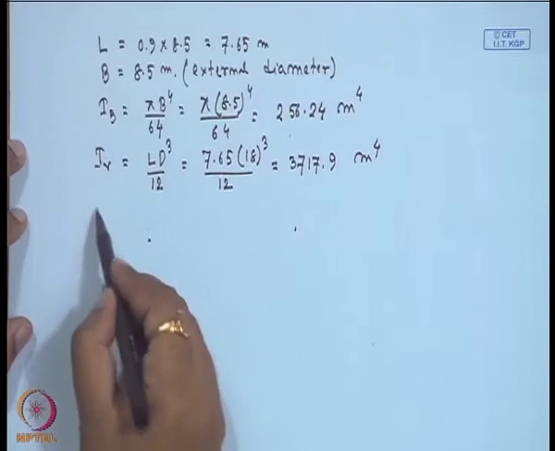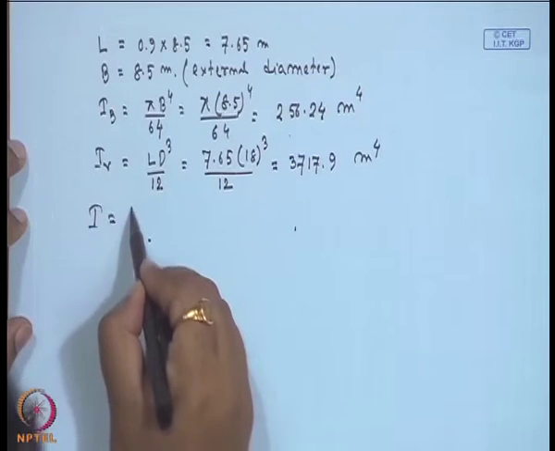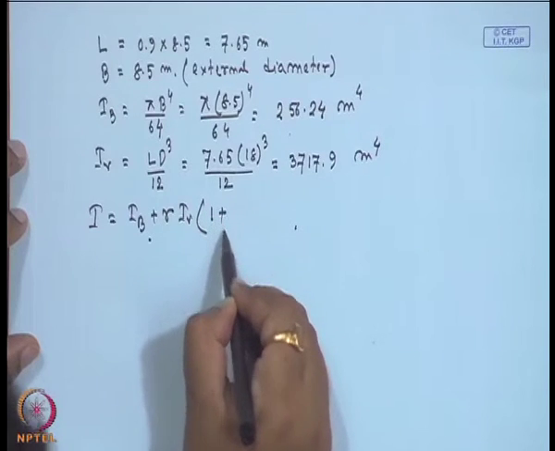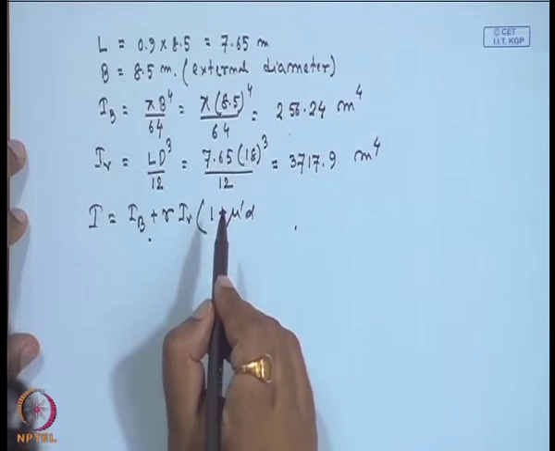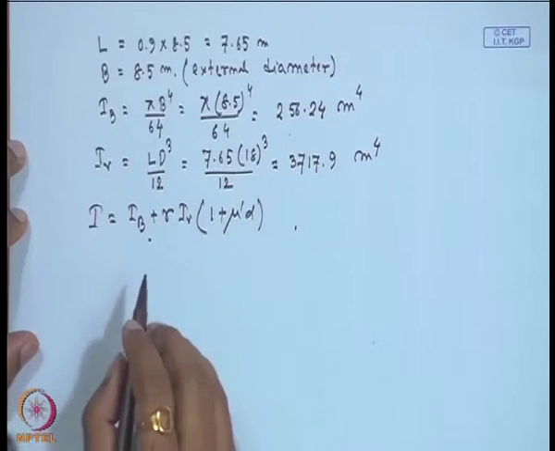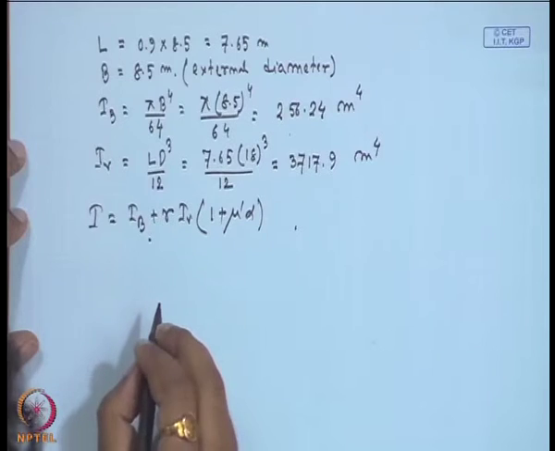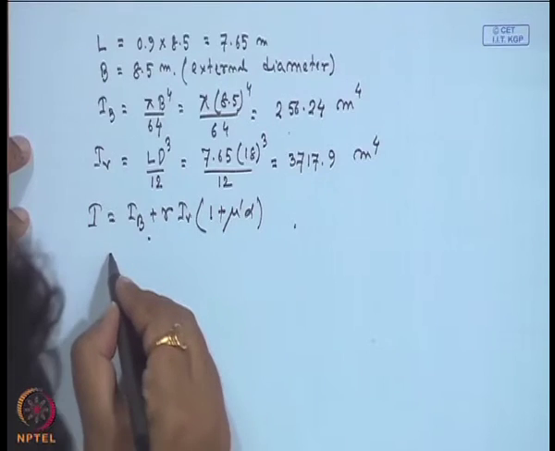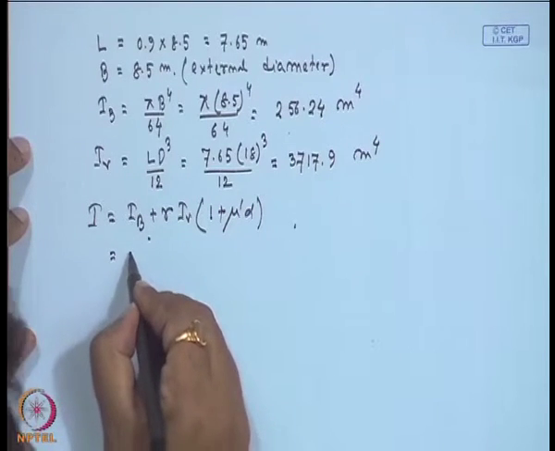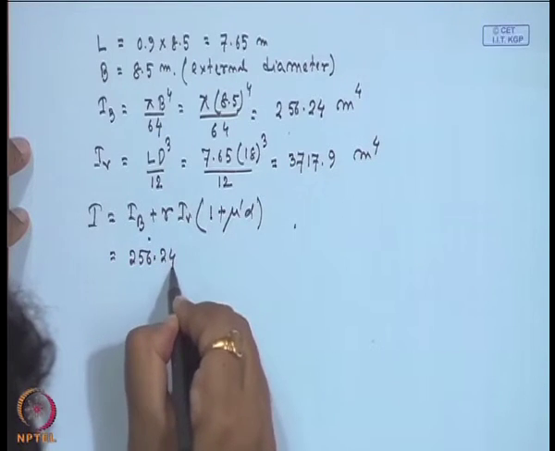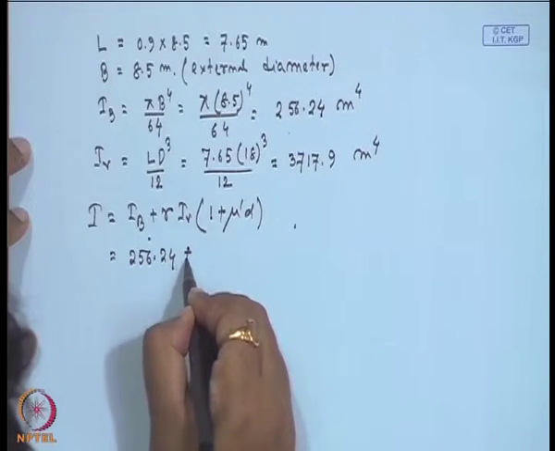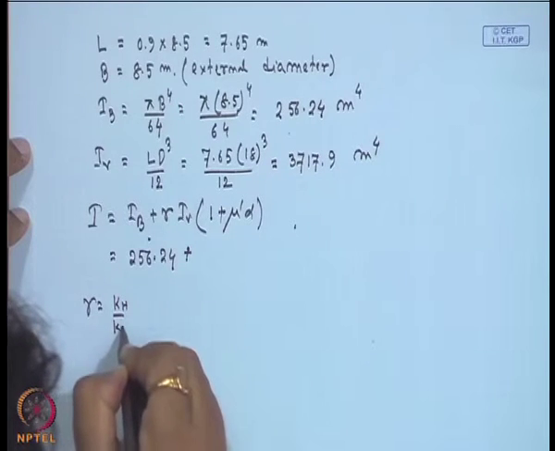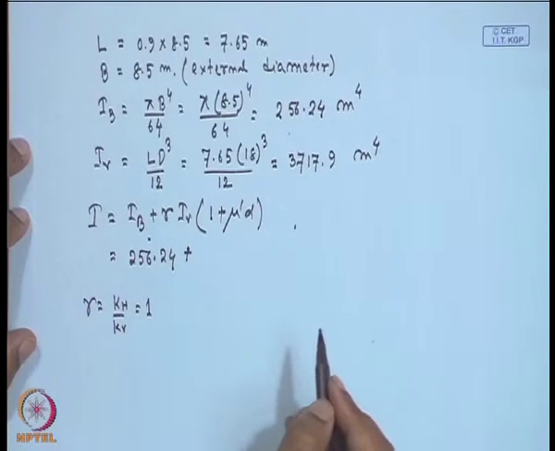So, once we calculate Iv and Ib, then the total I is Ib plus r into Iv into 1 plus mu dash into alpha. Then the total I will be Ib, which is 256.24, plus r, where r is taken as Kh equal to Kv, equal to 1.